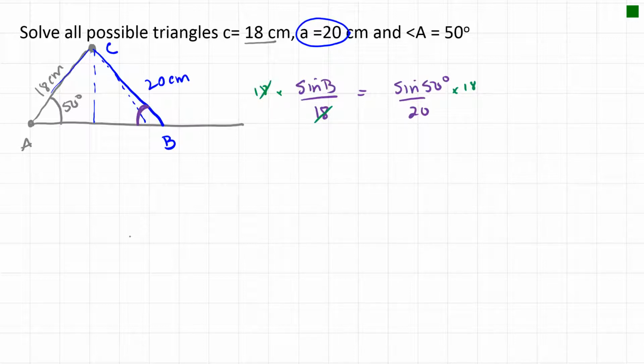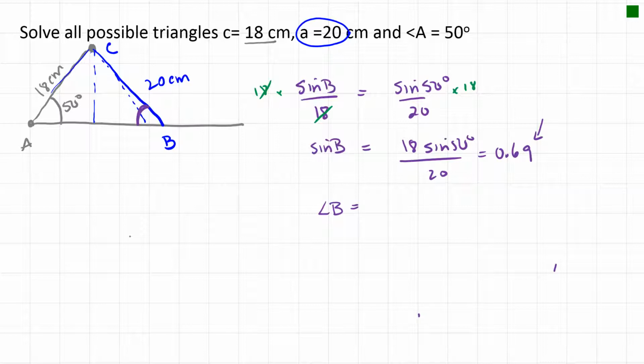Cancels on the left, and I have the sine of B equals 18 sine 50 divided by 20. So that's 0.69. That's a good sign because it's less than 1. That means that a triangle is going to exist.